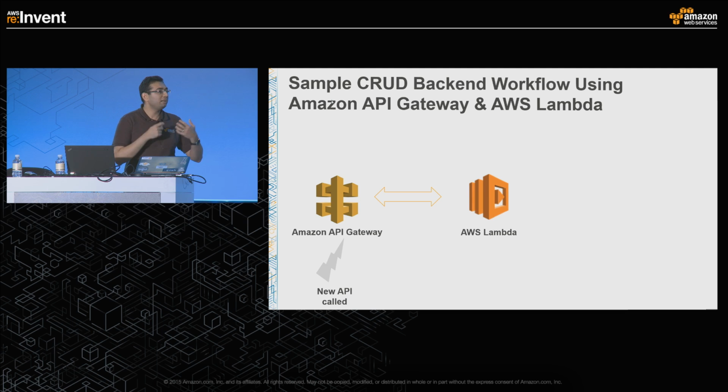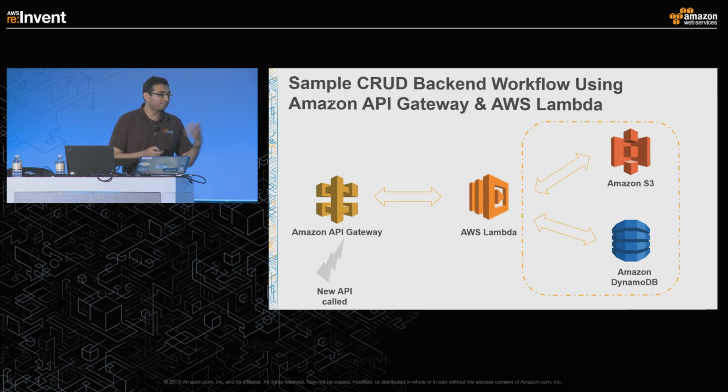And what you could do is build a whole CRUD application, a complete stateful application, to respond to these API calls, whether you use Amazon S3 for file type of responses, or you're using a DynamoDB table for dynamic data responses. So with just these three services, you can build a complete API on top of AWS without having to ever worry about capacity or provisioning or infrastructure underneath, because all of these are managed services.